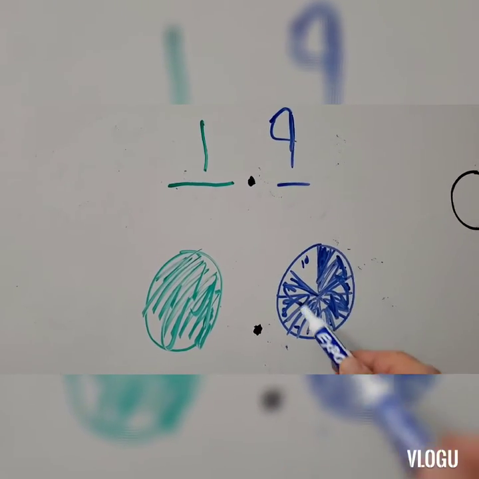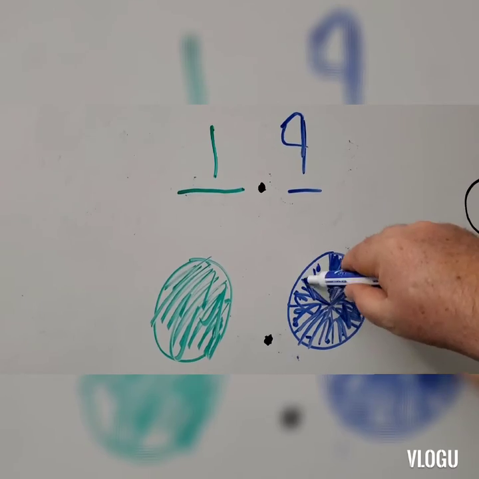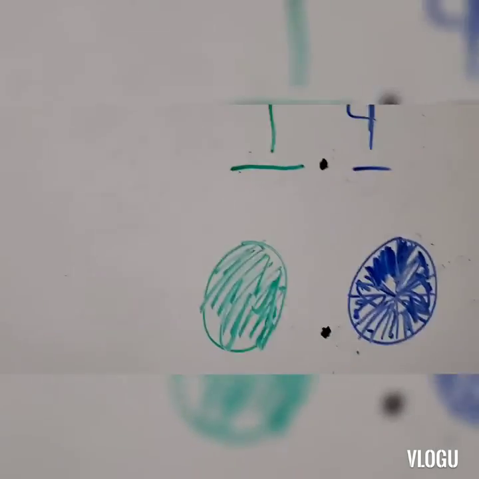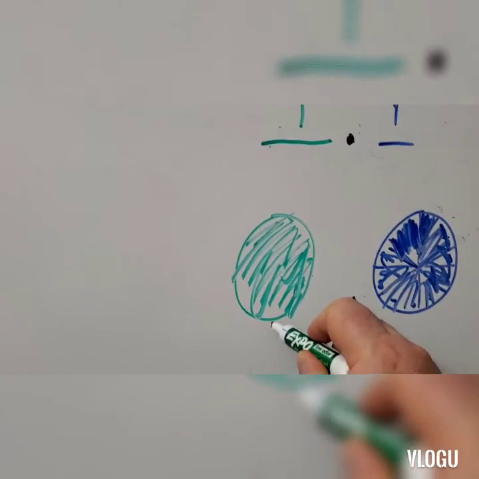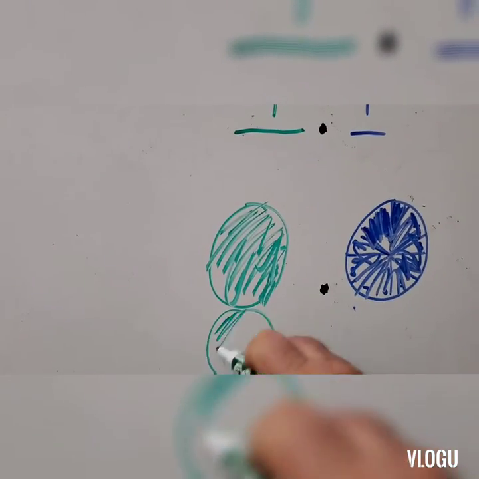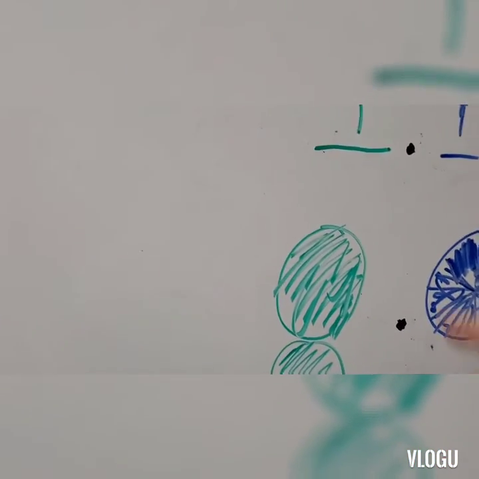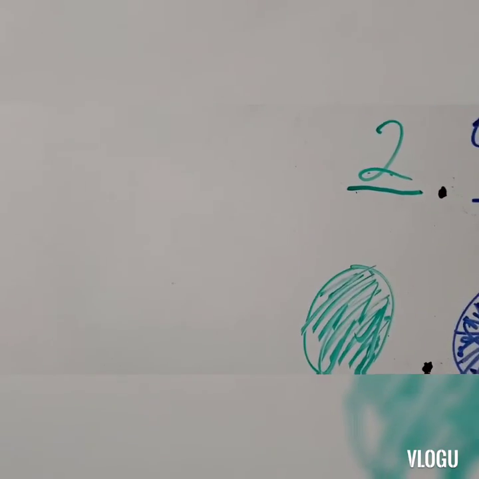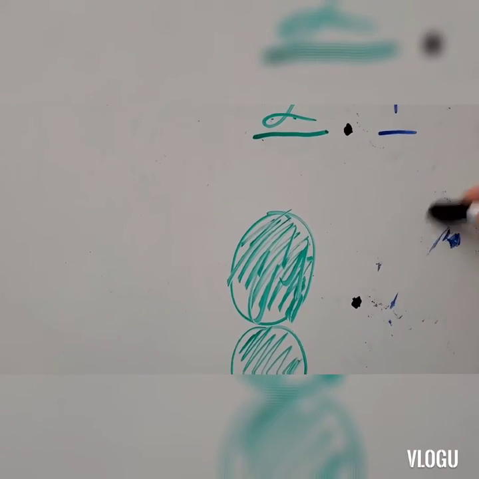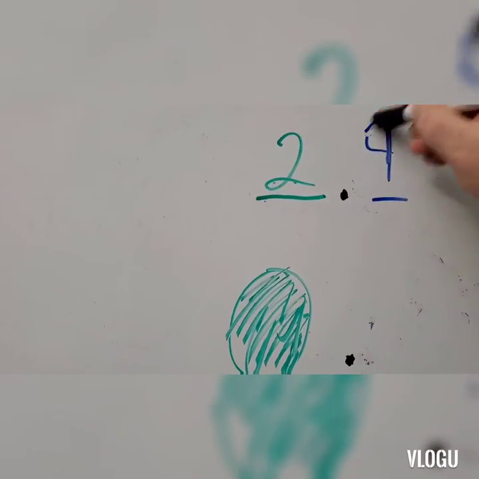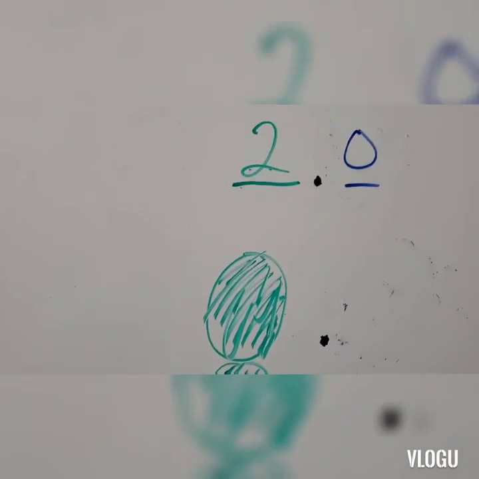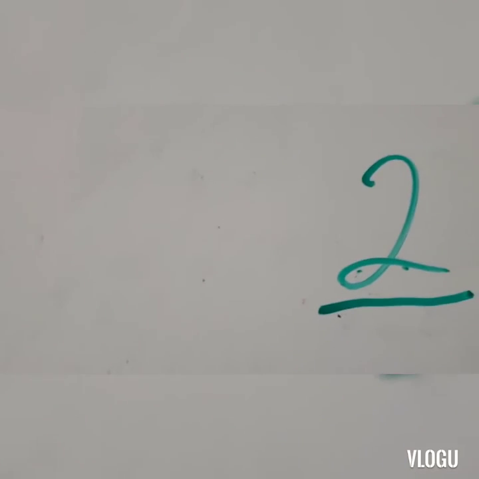It's 1 whole and 9 out of 10. If I fill this up, it is now complete. When this is complete, I've got a second whole. There are now 2 whole units. This slid over. It became the second unit, and it is 2.0, or just 2.